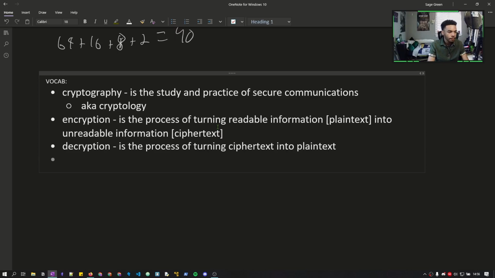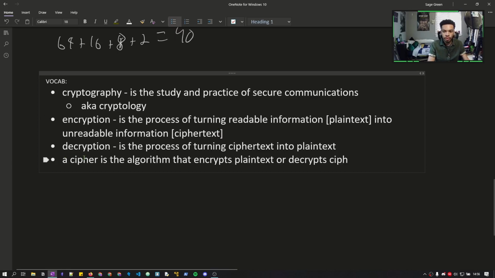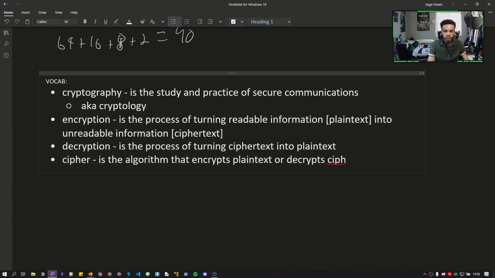Now, a cipher is the algorithm that encrypts plain text or decrypts ciphertext. I should frame that better. There you go.